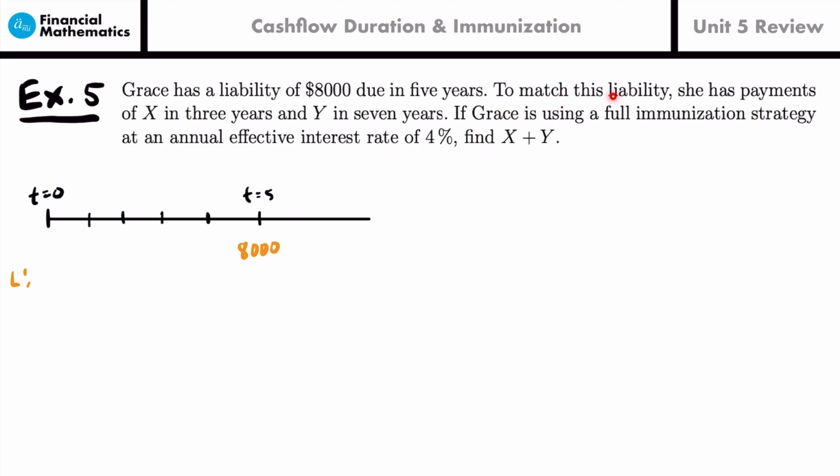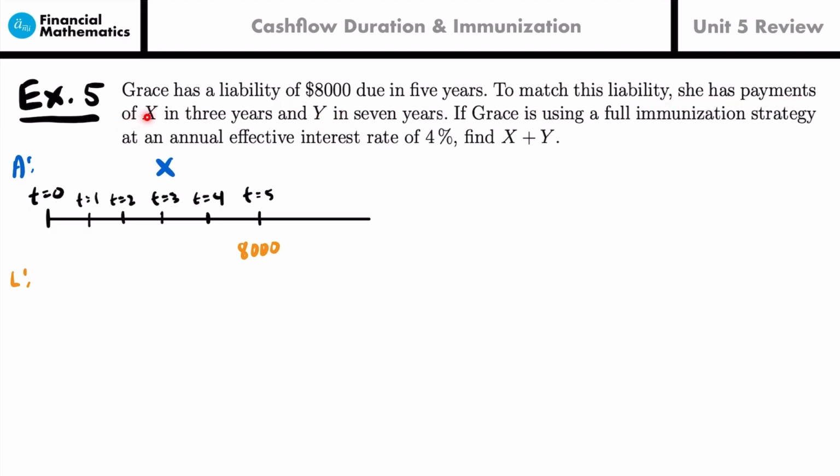And then to match that liability, Grace has payments of X in 3 years and Y in 7 years. So this is time equals 1, time equals 2, time equals 3, and time equals 4. At time 3, we have an asset of X, and then at time 7, there's an asset of Y, right?